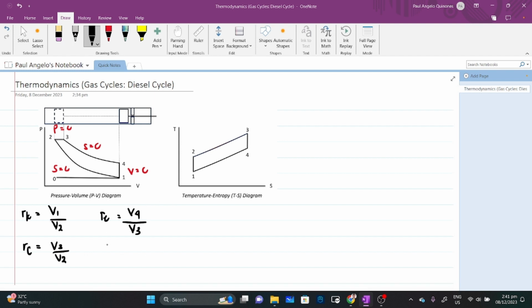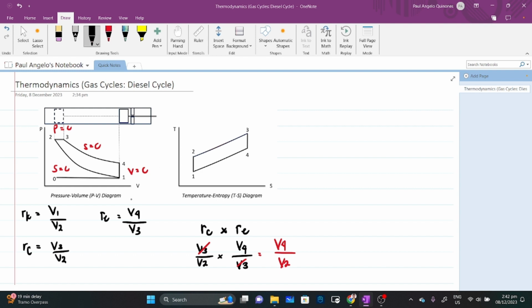As you can see here, if we multiply RC by RE, RC is V3 over V2 times RE, which is V4 over V3. V3 will cancel out, leaving us with V4 over V2.